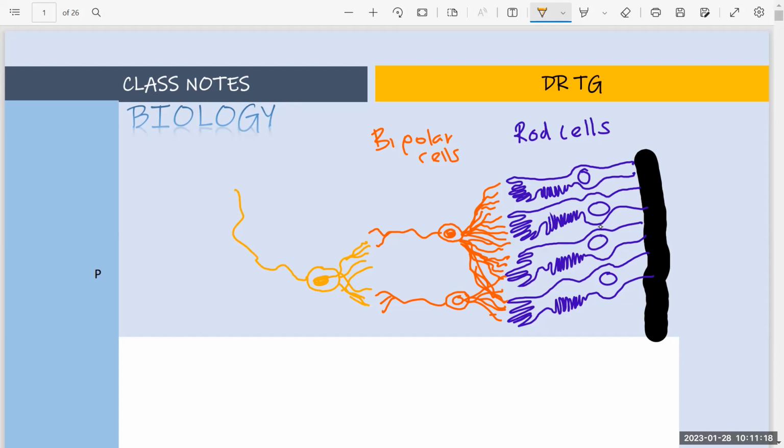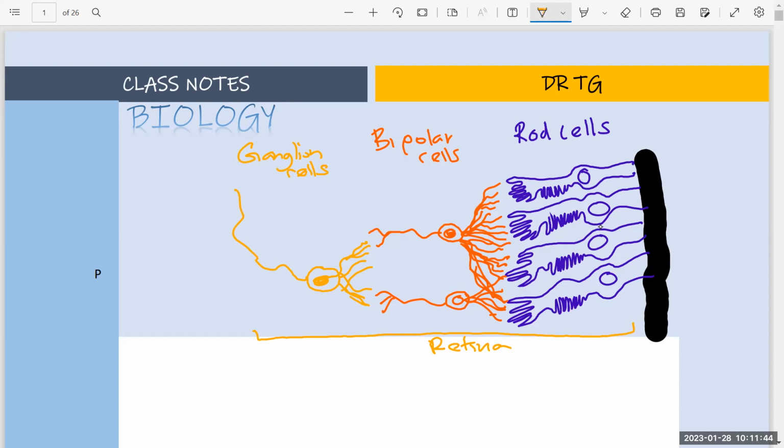Now here it represents, for example, 4 rod cells, 2 bipolar cells, and 1 ganglion cell. So from here to here, we can write it's a retinal layer.